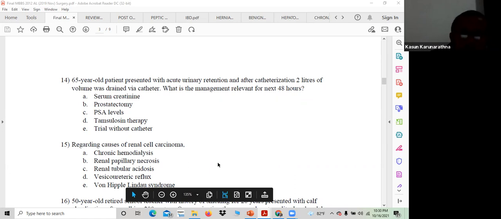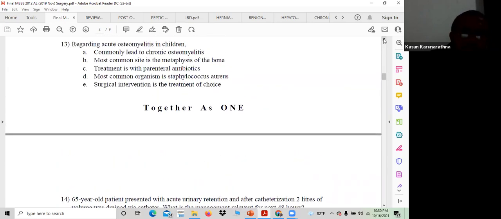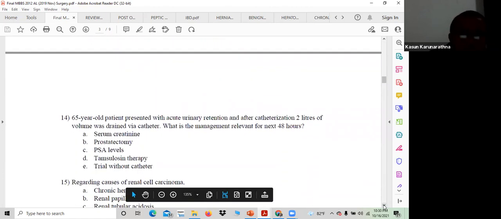Question 13, stem C and D answers. 13 C and D: C true, D true. Right? With regard to this patient's management, serum creatinine, yes, you should do renal functions in the acute setup. Prostatectomy is not indicated in the acute setup, right?